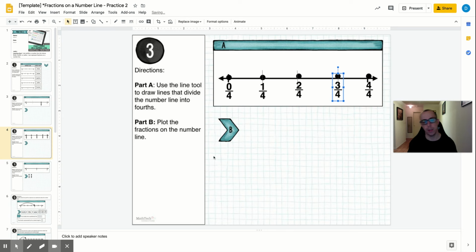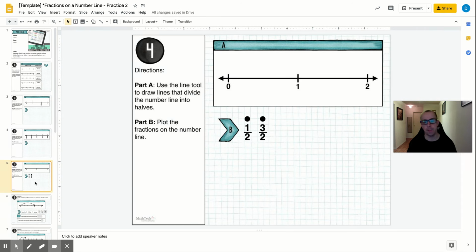Okay, so here is another look. All right, so here's 0, and here's 1, and then here's 2. So again, between 0 and 1, we need two parts. We'll get that by drawing one line. And then I'm going to draw another line here between 1 and 2, halfway.